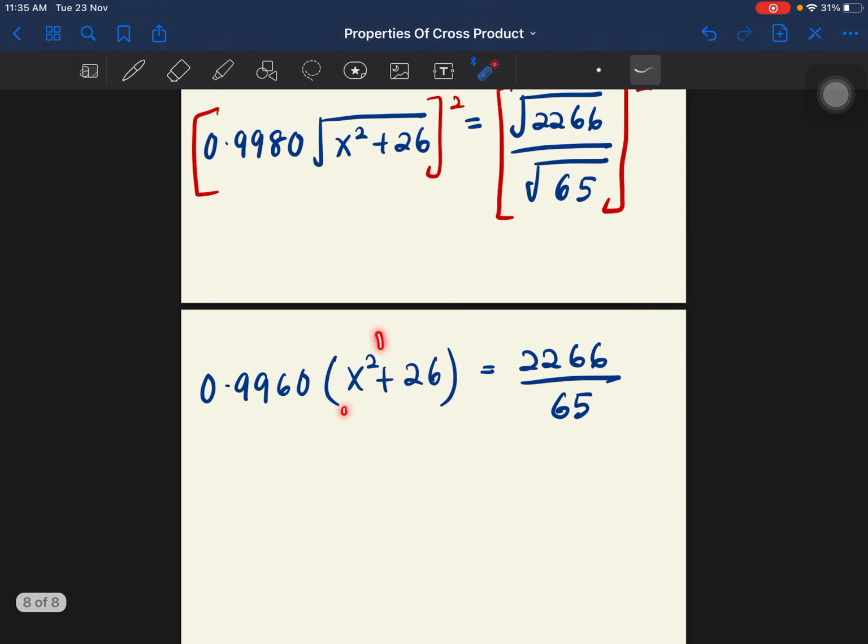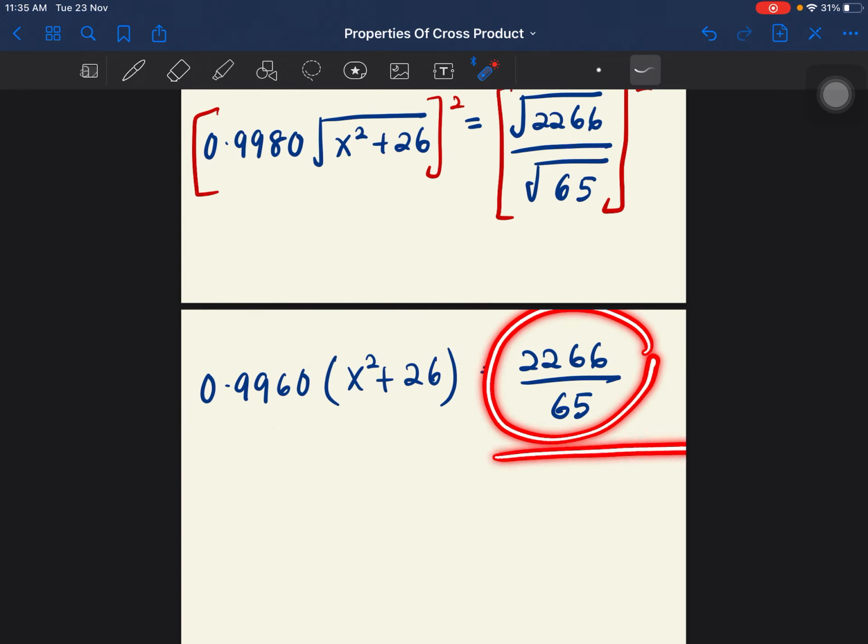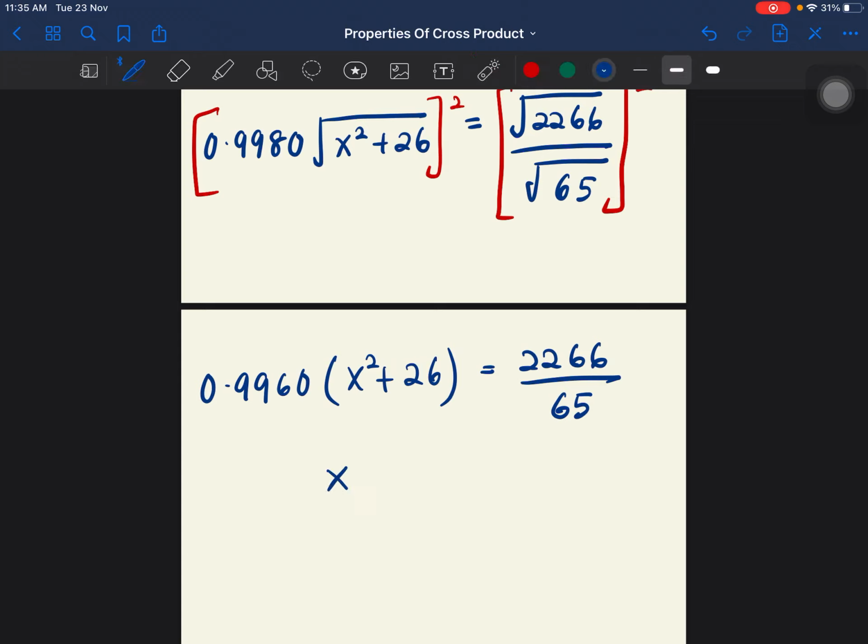Now we want to find the value of x squared. So this one is multiplied, so if we bring this to this side, the whole thing needs to be divided by 0.9960. So 2266 over 65 divided by 0.9960 will give you 35.